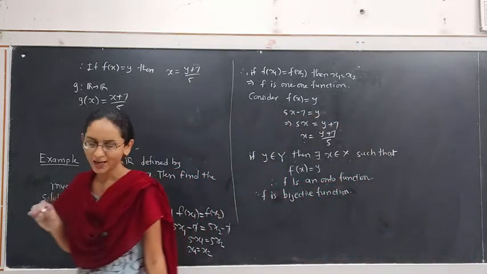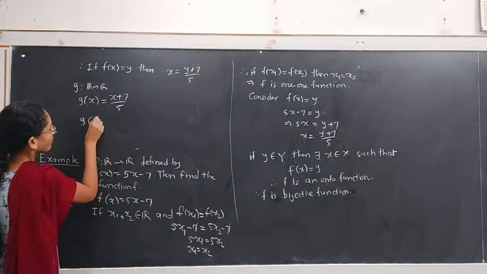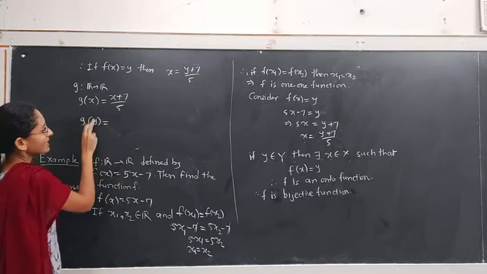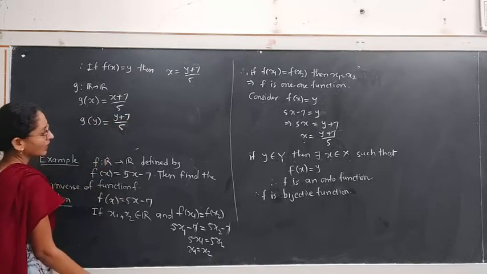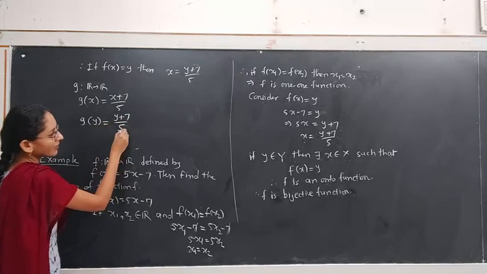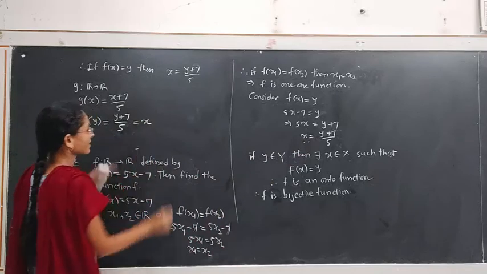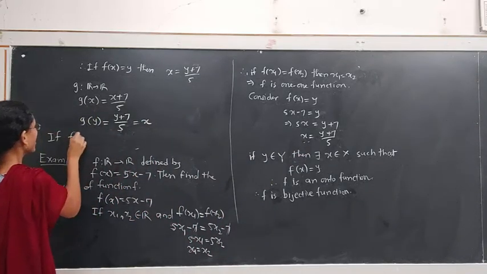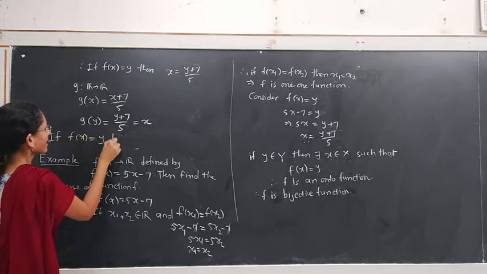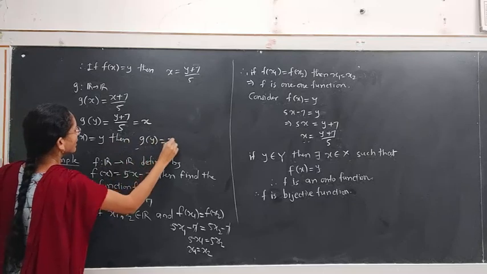What is g of y? If we define this function g this way, then g of y is equal to, replace x by y only, y plus 7 upon 5. What is y plus 7 upon 5? This is the value of x. This is equal to x. Hence, we have if f of x is equal to y, then g of y is equal to x.